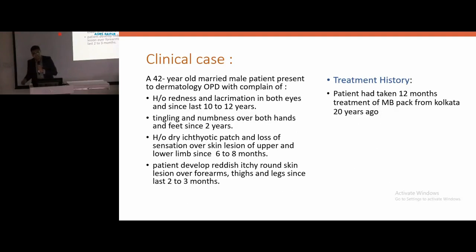If there is no baseline document, with what will we compare the new onset neural involvement? So that is the most important time point, and that should be the take-home message for all the PGs, that when the first time you are encountering a Hansen's patient, document every finding perfectly, because that is going to shape the lifetime treatment of that leprosy patient.